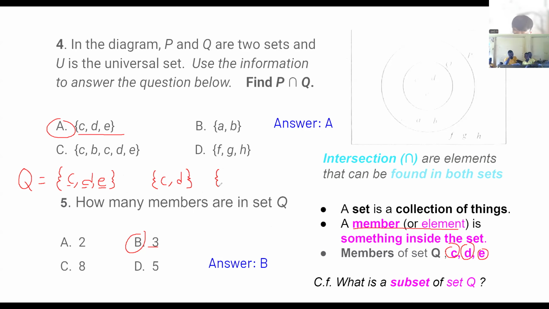The subset can be C, E. The subset can be D, E. A subset can even be just one element, like C can be a subset. And then D can also be a subset. E alone can also be a subset.